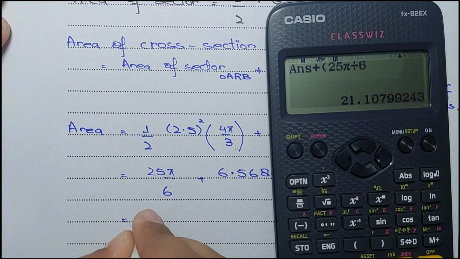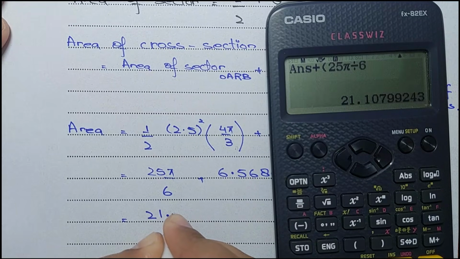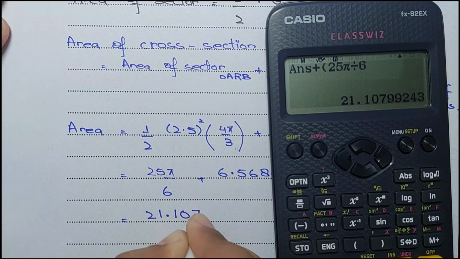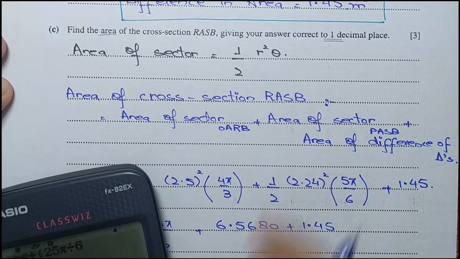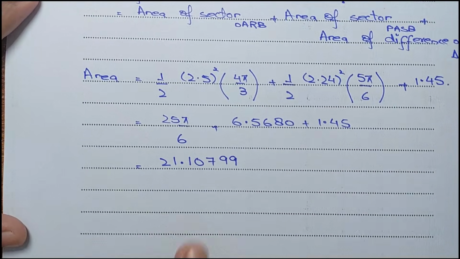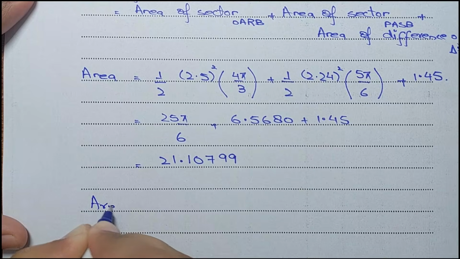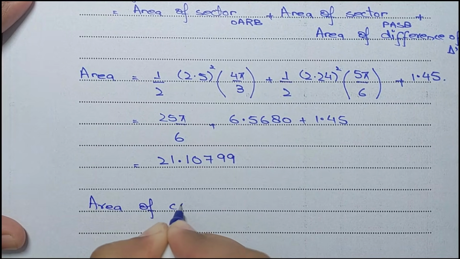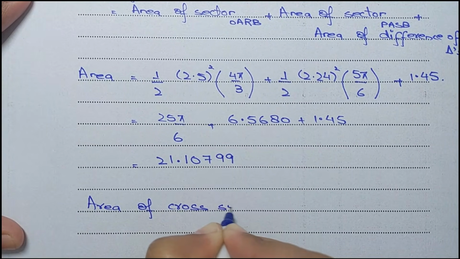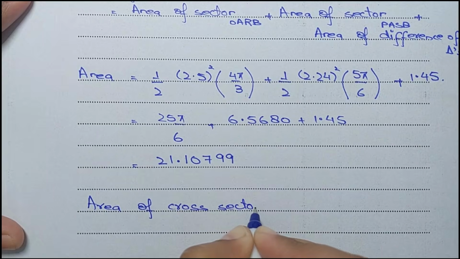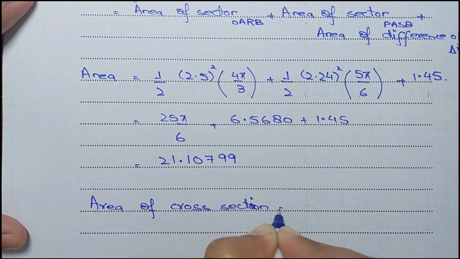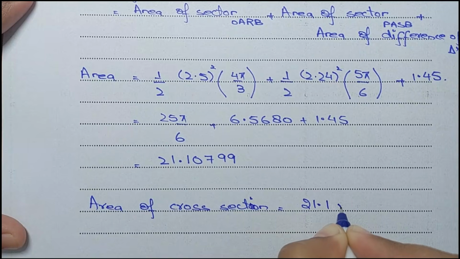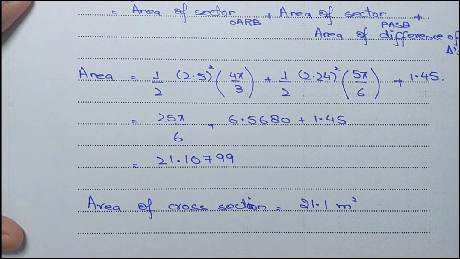The final answer is 21.10799. We need to figure out the answer up to one decimal place. So to one decimal place, the area of the cross section is 21.1 meter square. That is the area of the cross section.